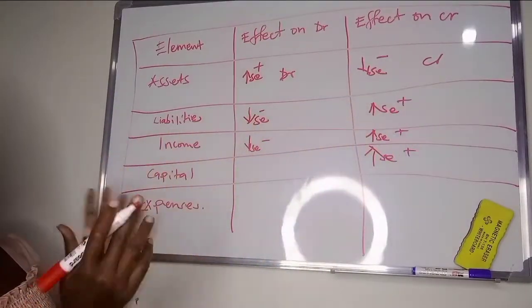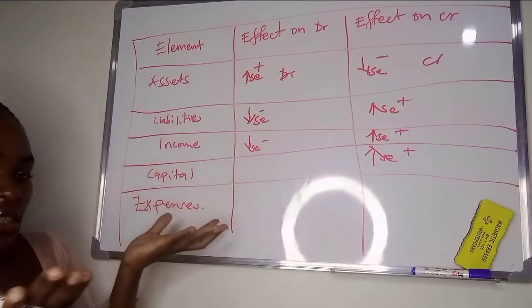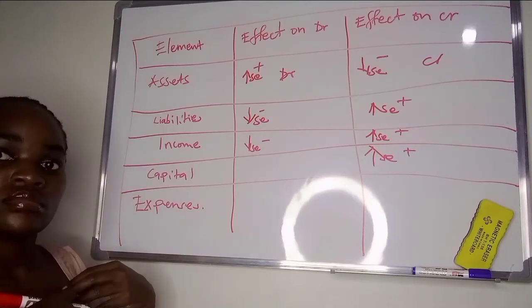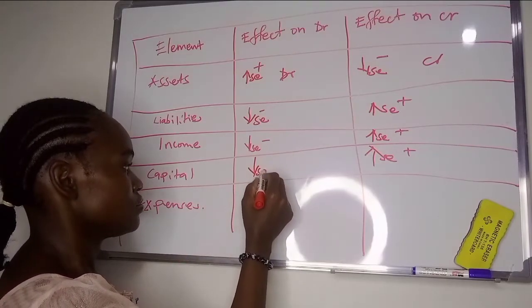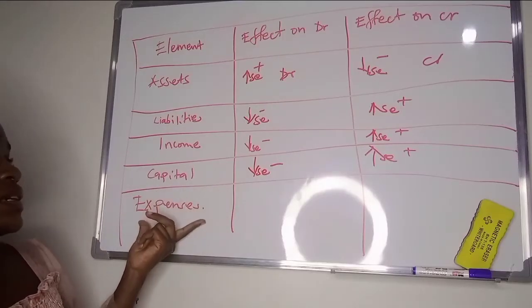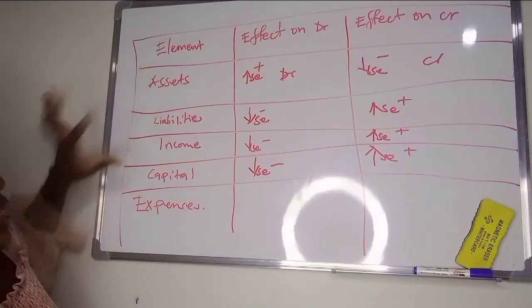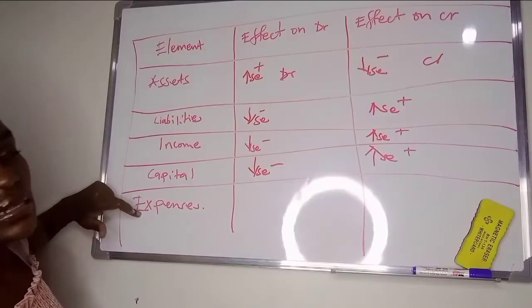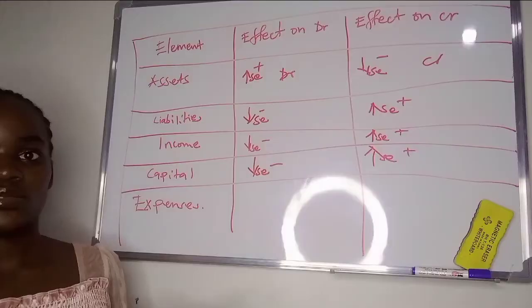If the business acquires more capital, you credit the capital account. It reduces by debiting. Then expenses have the same treatment as assets. So what you're supposed to cram here is that the first and the last have the same treatment, and these in the middle also have the same treatment.